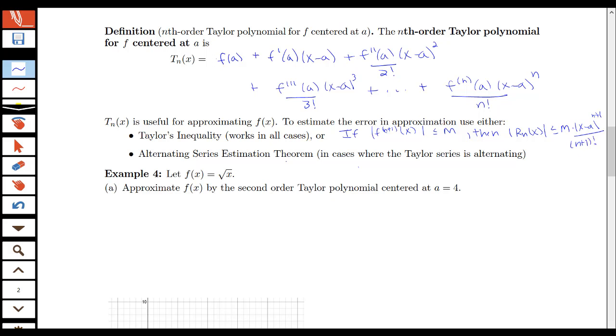And our alternating series estimation theorem says that the absolute value of our remainder is less than or equal to the magnitude of the n plus 1th term. Okay, so we'll have an opportunity to use both of these estimation theorems in some of our examples.